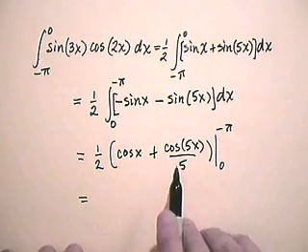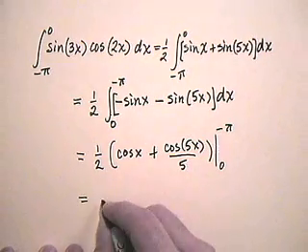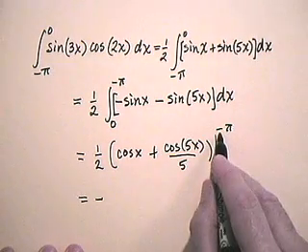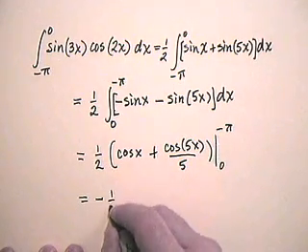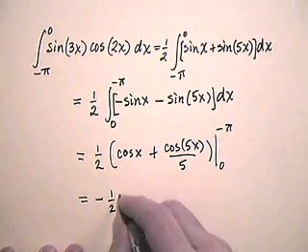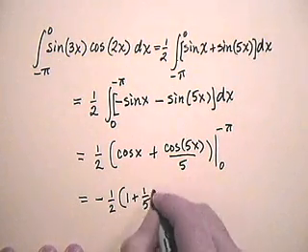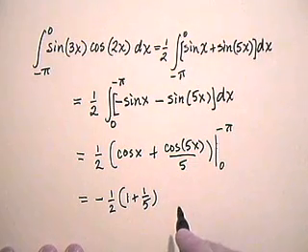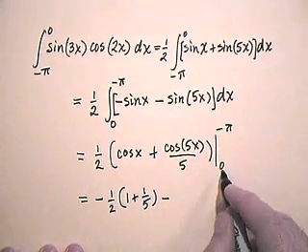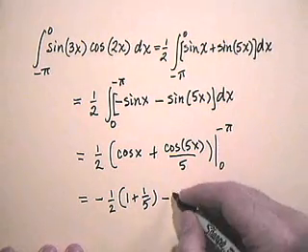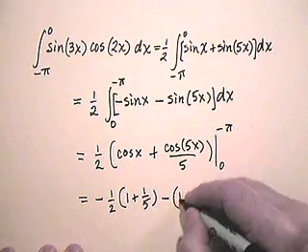And so consequently, when I put in the plus or minus pi, I will get the negative of 1/2 times 1 plus 1/5. And then I will subtract what I get by putting in the 0. Well, that's simply, cosine 0 is 1, so we get 1 plus 1/5 again.